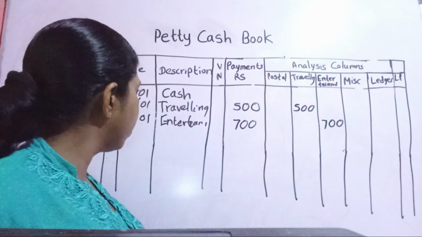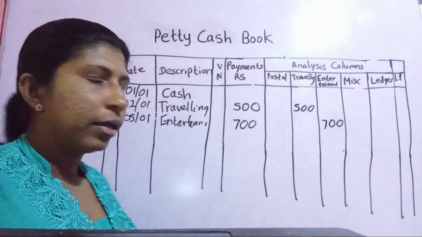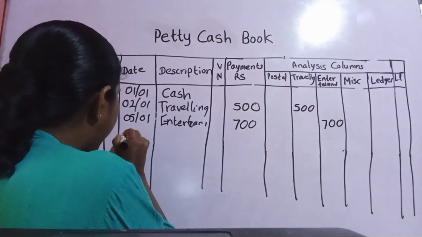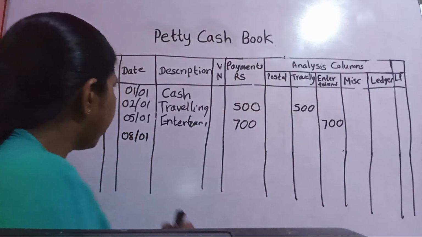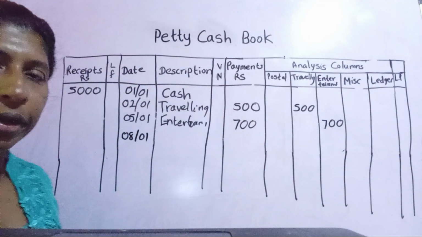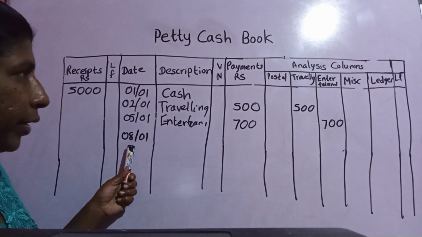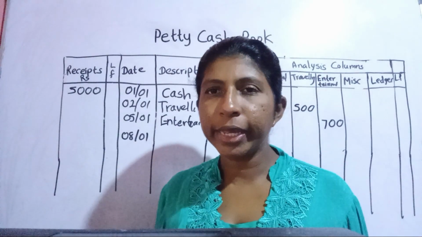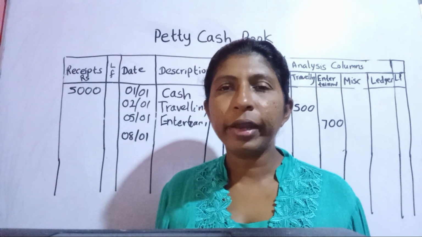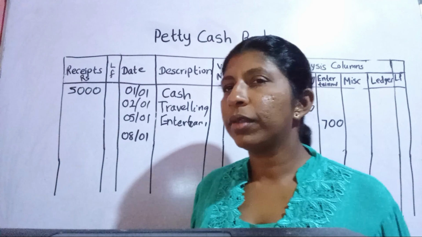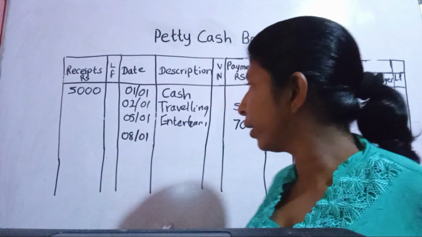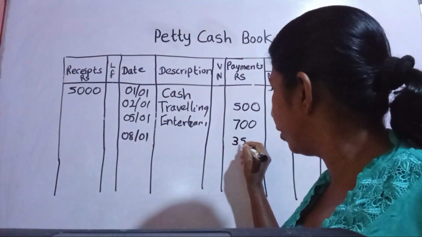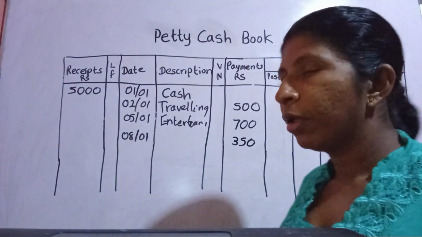Then my next expense is on 8th January, so I write the date here in the date column. On 8th January, as a printing expense, the business has paid rupees 350. The amount is 350, so I will write 350 here.